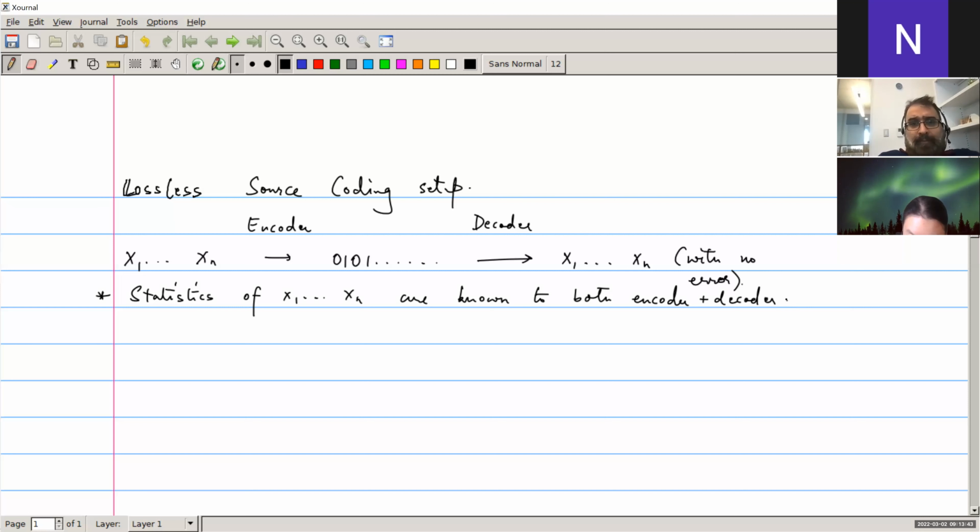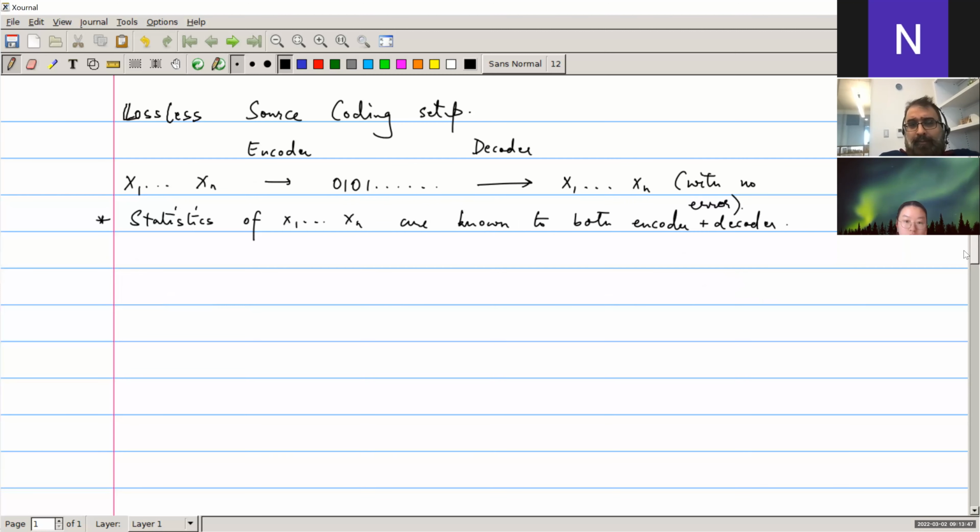And like we said in the last class, the first thing we are going to look at is when x1 through xn are IID. Then what we do is we pay attention to the length of the encoding.